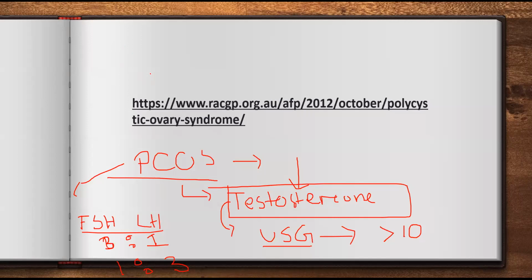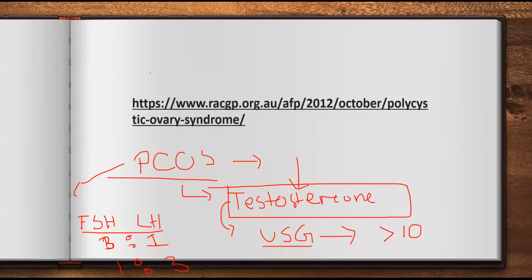What else can we give this patient? You can give metformin. Metformin also tends to increase chances of fertility. But if both clomiphene citrate and metformin are in the options, you would obviously choose clomiphene citrate.